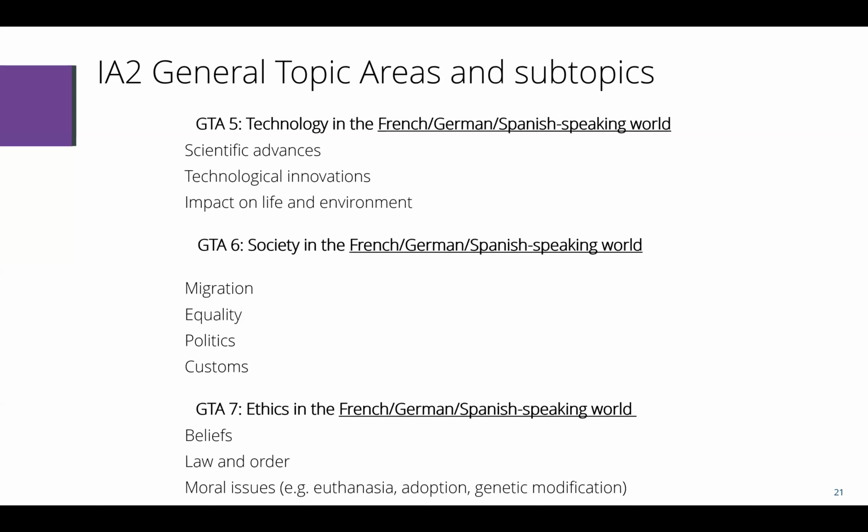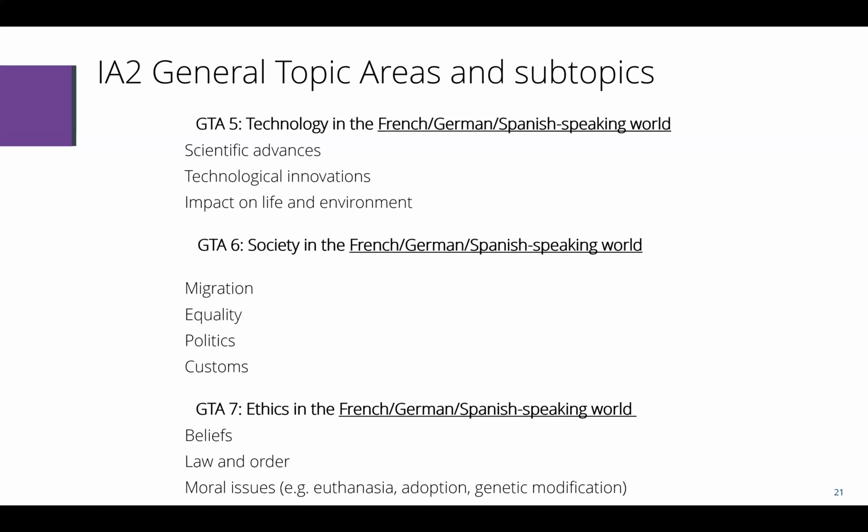General Topic Area 7, the ethics, covers the moral issues of euthanasia, adoption, genetic modification, abortion, things like that. So that's quite a hefty topic area. Society is also quite meaty, and the technology. But then, as I said, also find some time to revisit the four which you covered at the IAS, and make sure that they are aware of things at the IA2 level as well.